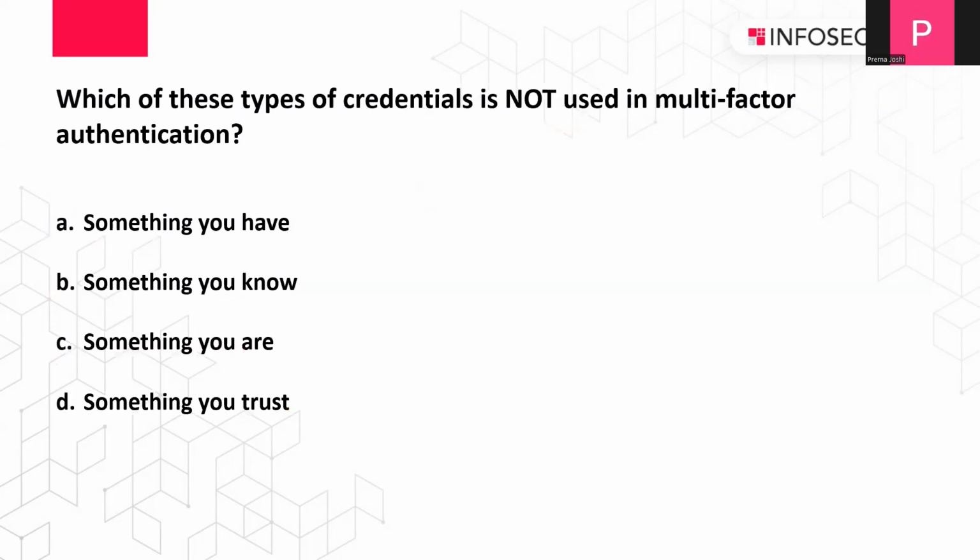Now let's move to the next question. It says, which of these types of credential is not used in multi-factor authentication? When we talk about multi-factor authentication, or authentication in general, we have factors of authentication.